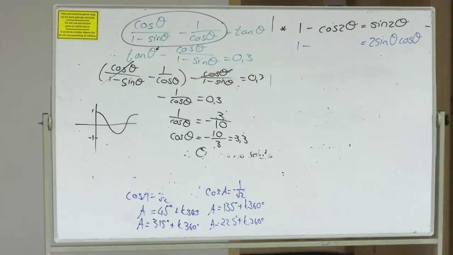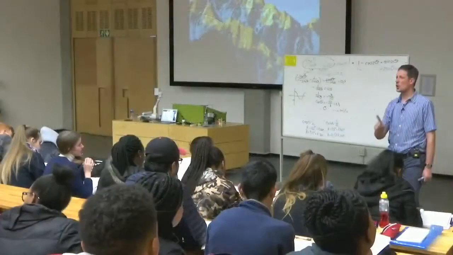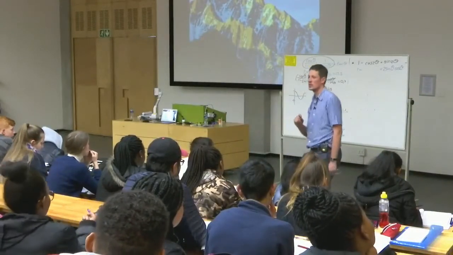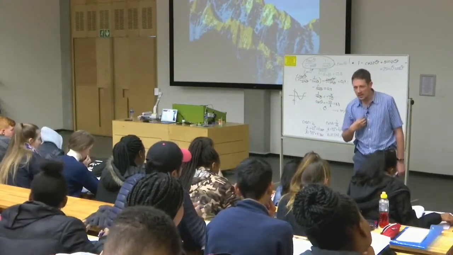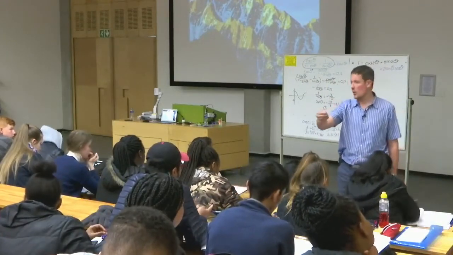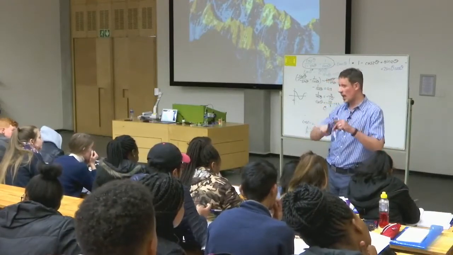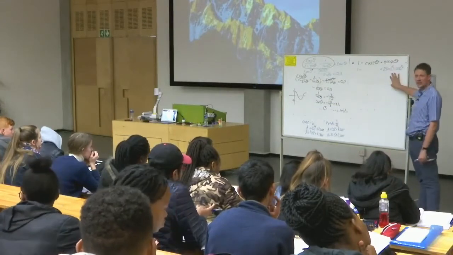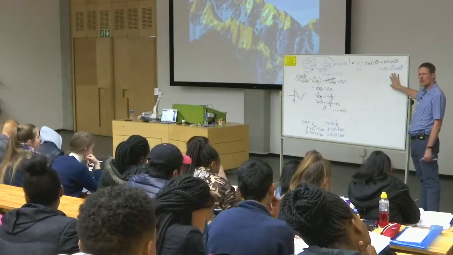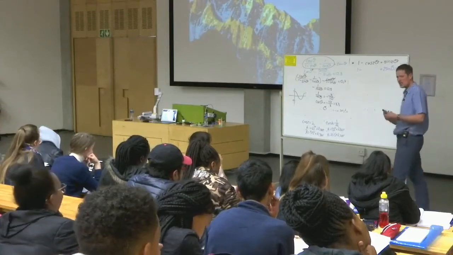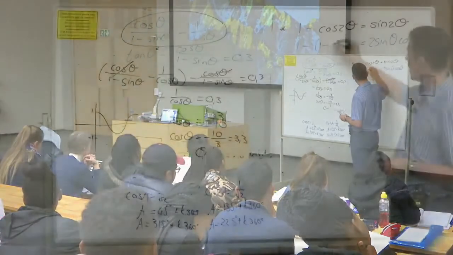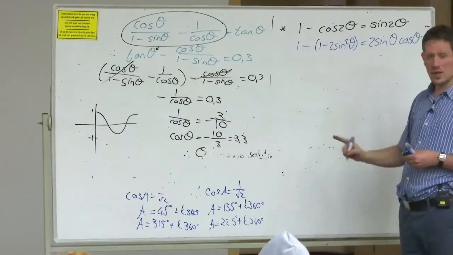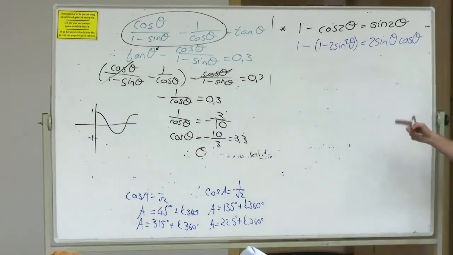Ladies and gents, you only change the cos 2 theta if you know where you are going. Usually I would go and change the cos into sine and cos because of the right-hand side. But in this case, I'm going to change it into 1 minus 2 sine squared theta so that the 1 and the 1 can cancel out.